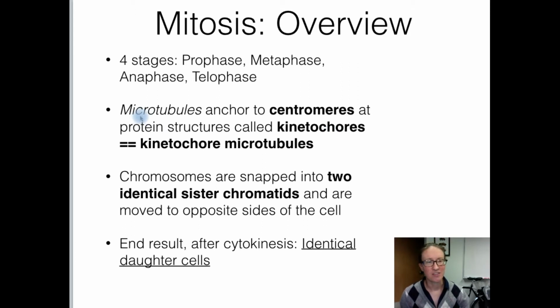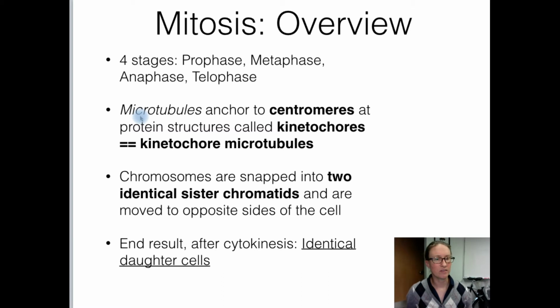Okay, so in earlier stages of mitosis, one of the major processes is those microtubules anchoring on kinetochores at the centromeres of the chromosomes. And then in the process of mitosis, chromosomes are snapped in 2. And so those 2 identical sister chromatids get separated, and they move to the opposite sides of a cell.